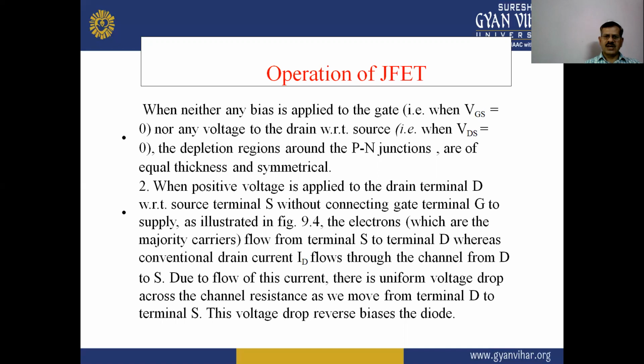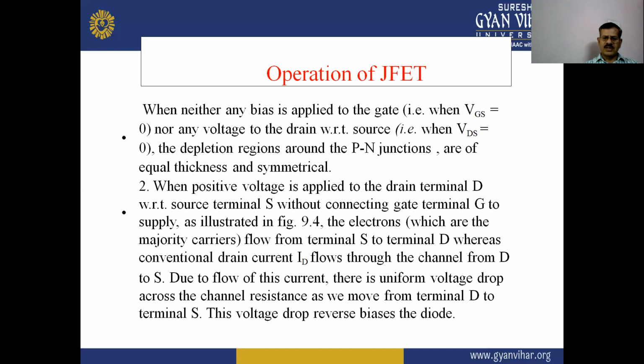So in this figure, the electrons, which are the majority carriers, flow from terminal S to terminal D, whereas conventional drain current ID flows through the channel from D to source.